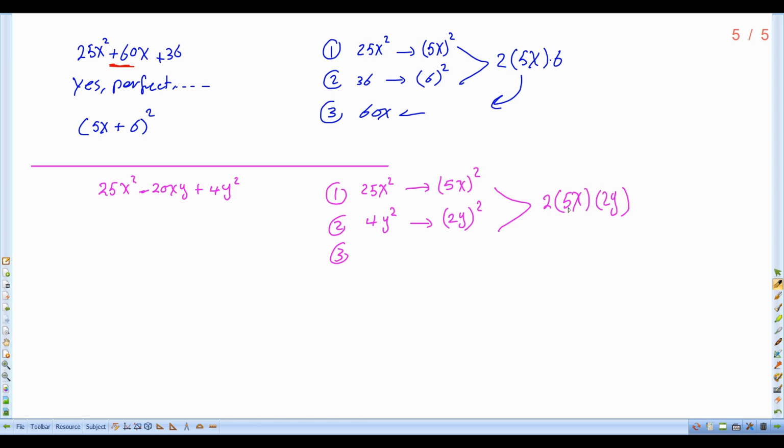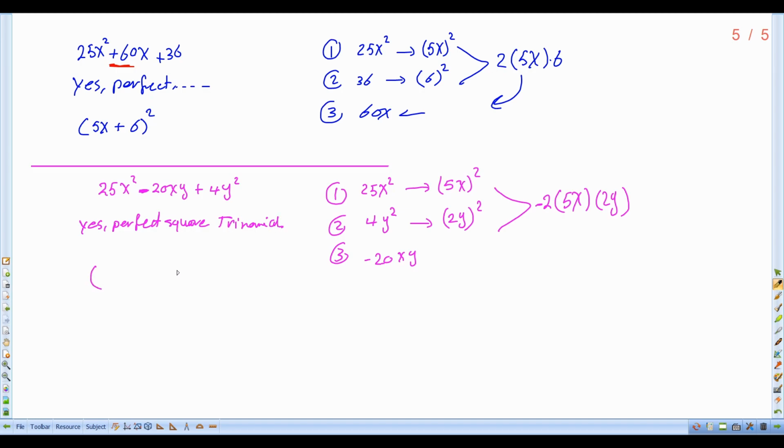What do we get? 2 multiply 5, 10 multiply 2, 20. x multiply y, we get xy. And it will be negative, because the middle term here has a negative sign. So the answer here is yes, perfect square trinomial.